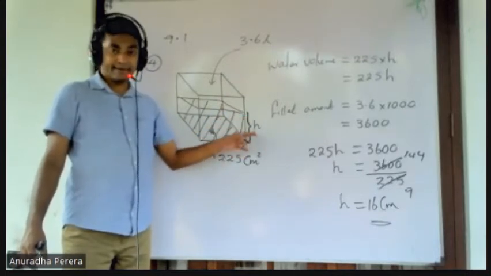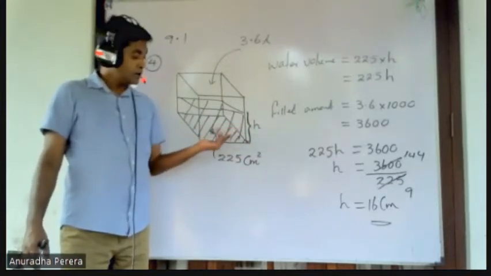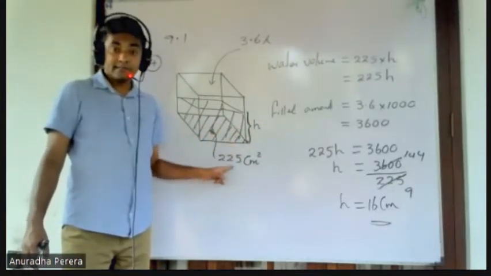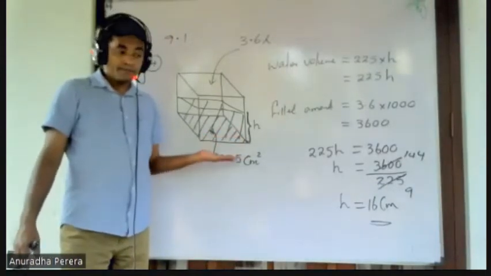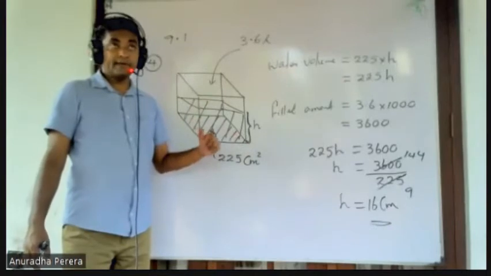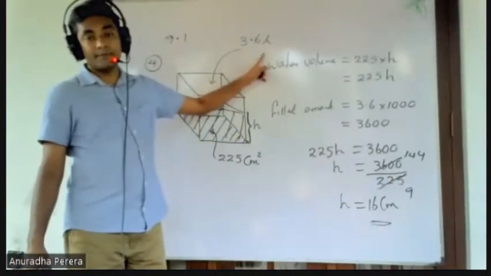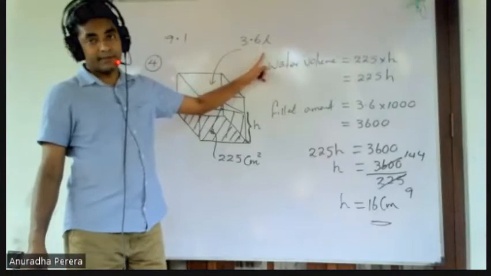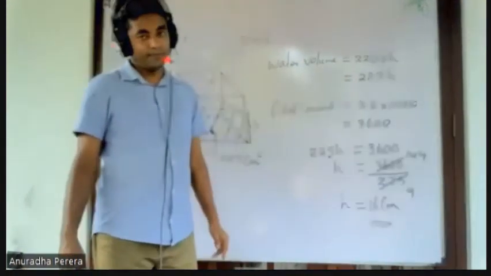You can take it as H, and the water volume can be represented in terms of H, 225 H. The area is given in square centimeters, and the volume is in cubic centimeters. This also represents cubic centimeters. After that, you can take the equality of these two.